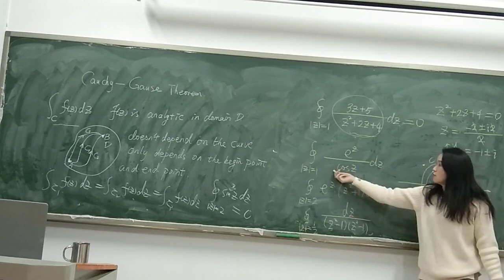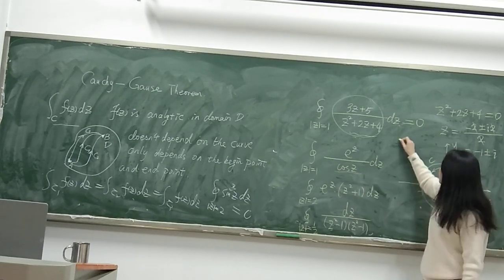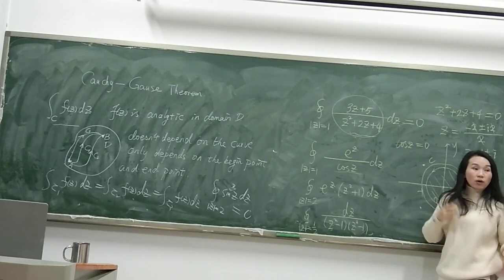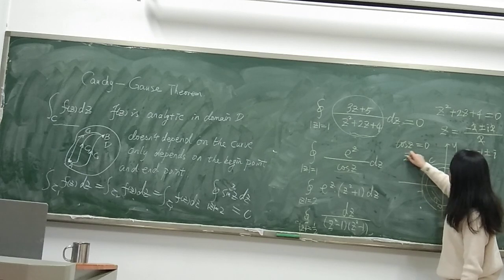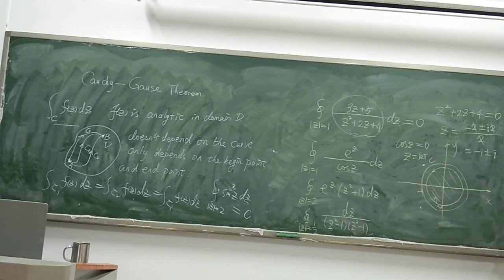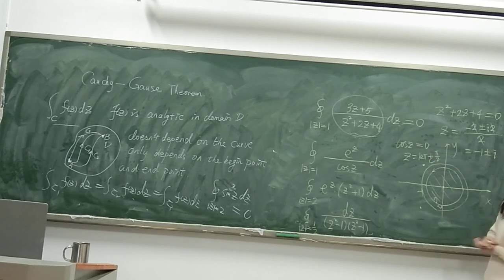Because this function is also not analytic if cosine z equals 0. But cosine z is 0, this z is k pi plus pi over 2.